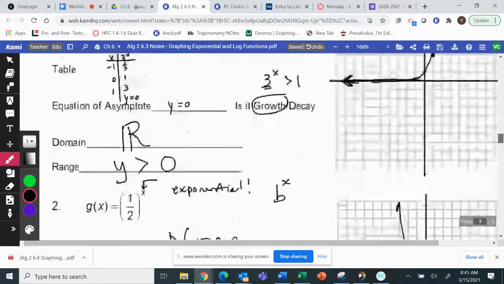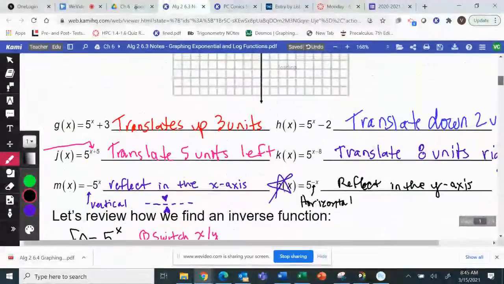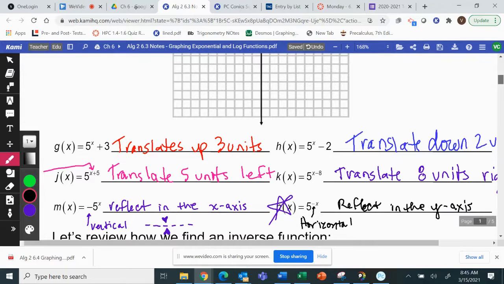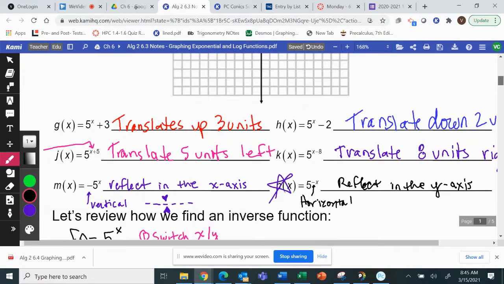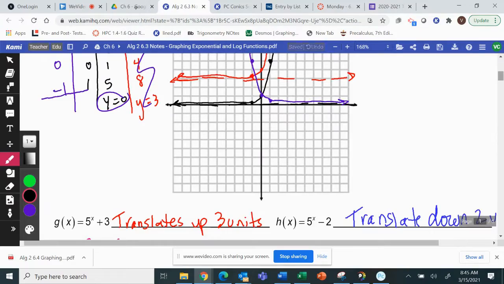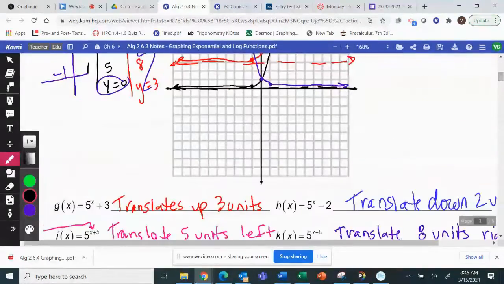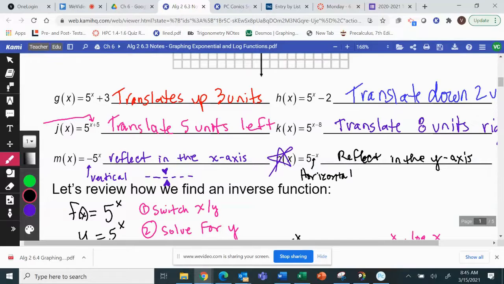If you need to look back up here on the first page. Which way?